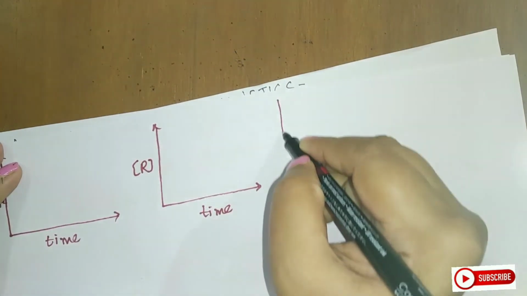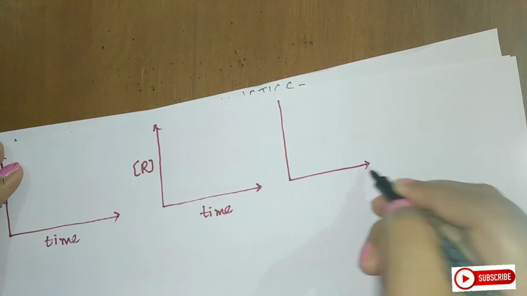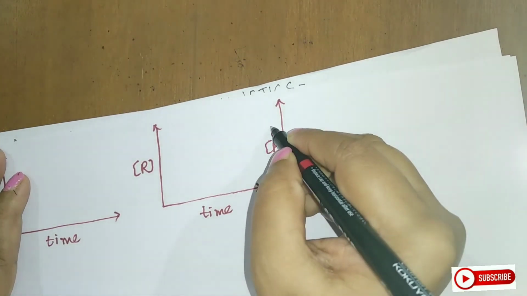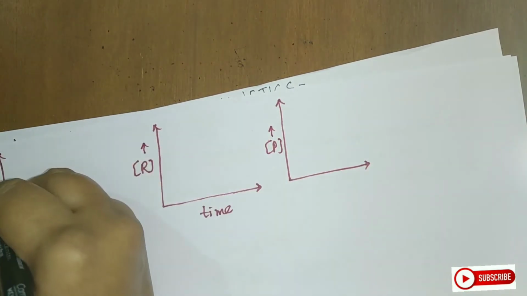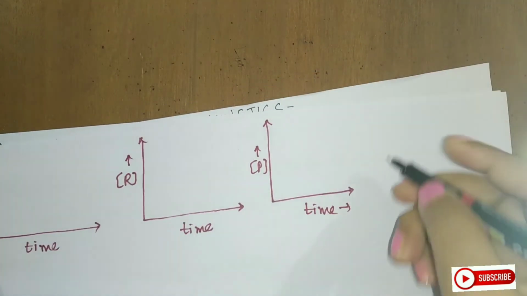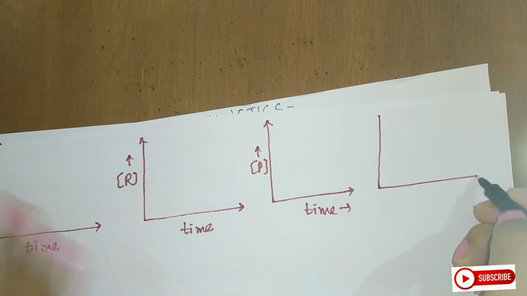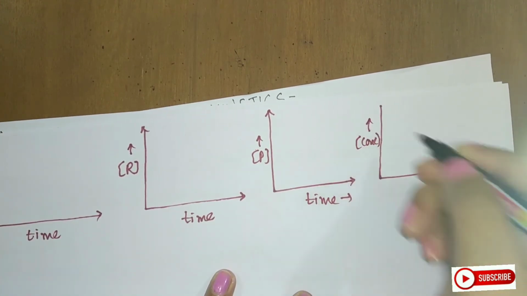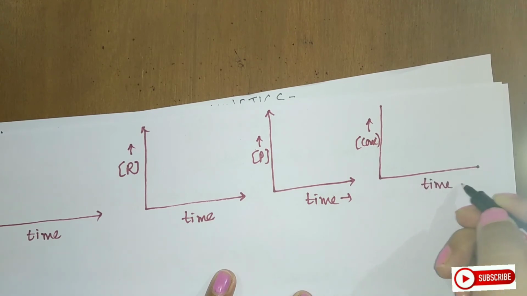Third graph, so that we can draw them simultaneously. Understanding the graph is important, with respect to time. And the fourth graph, we'll be seeing the combined graph, that is concentration with respect to time.